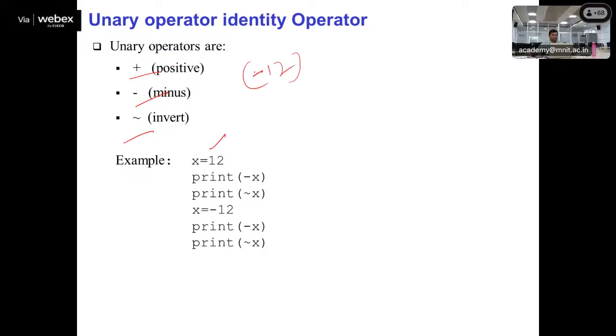Here this negative is working as a unary operator, which represents the minus, negative. So we get the outcome of this as minus 12. Now if x equals minus 12, and we apply the negative operator, the unary operator minus, we get minus minus, which becomes a positive 12.